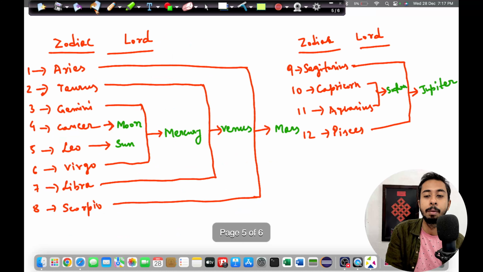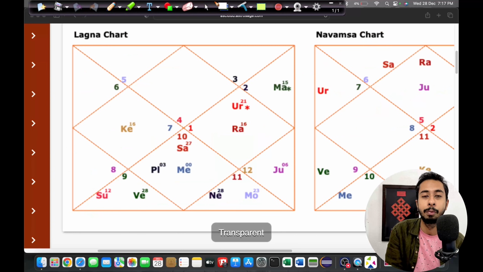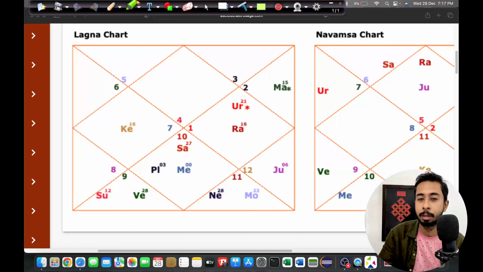Your family might be connected to some government. Your money or your wealth might be connected with some government things, or maybe through some government you will get some money. That is the meaning of this, right? Likewise it works.